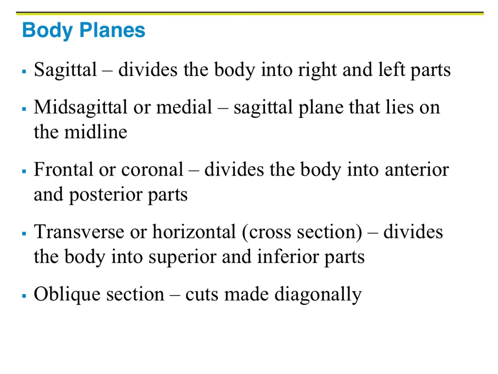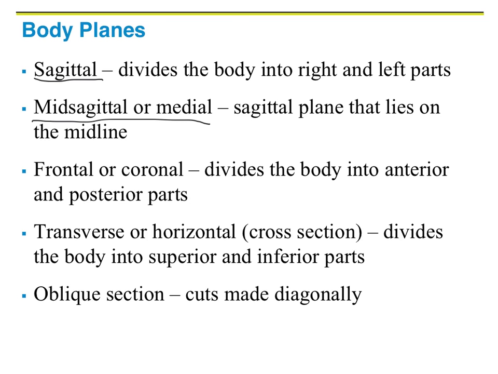You also need to be aware of the body planes. The different planes include sagittal, which divides the body into right and left parts. If the plane divides the body into equal parts, right and left halves, it's a mid-sagittal or medial plane. If it is slightly off-center, it is a parasagittal plane.